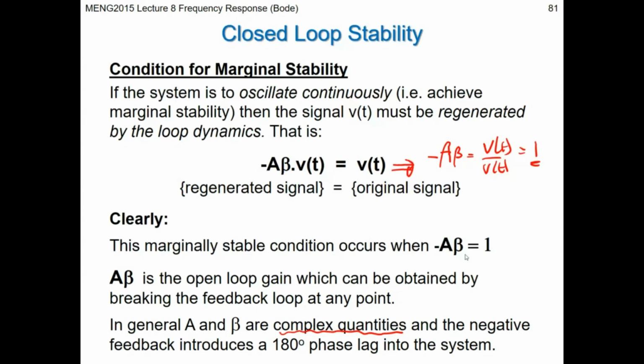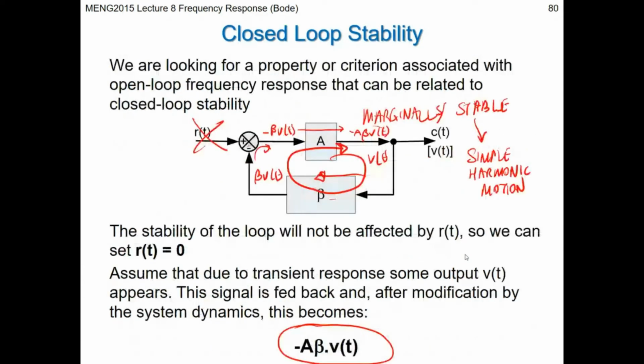And in addition to that, when our signal goes through this negative summing block, it flips sign. That means effectively it goes from being positive to negative, or in other words, it acts as a 180-degree phase shift on the system.